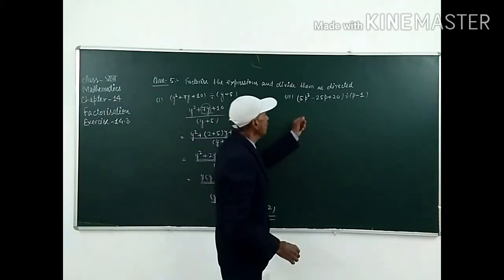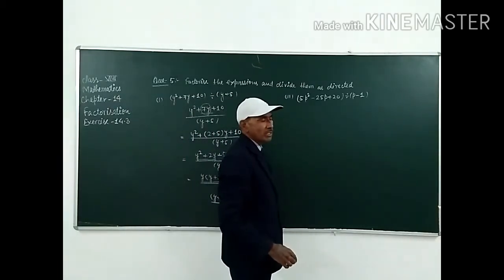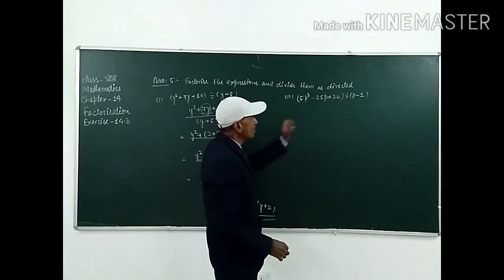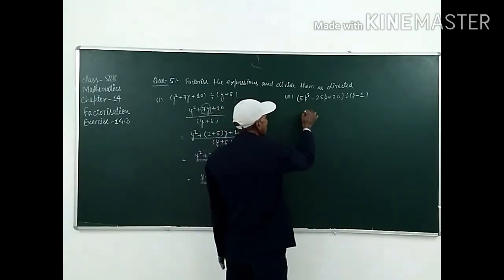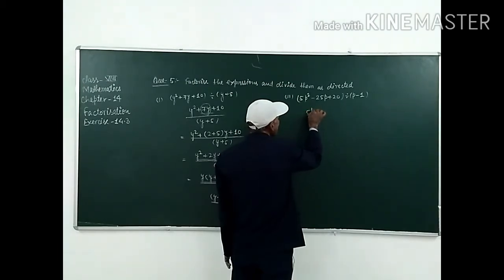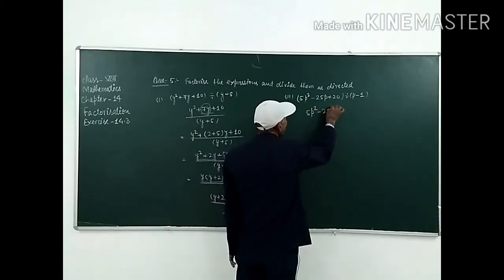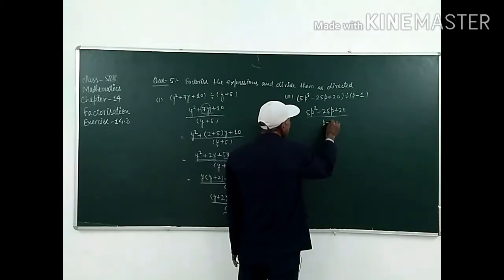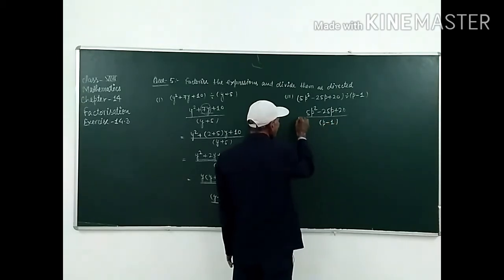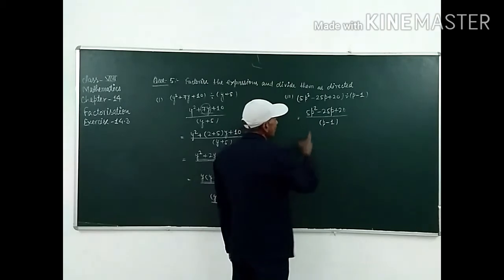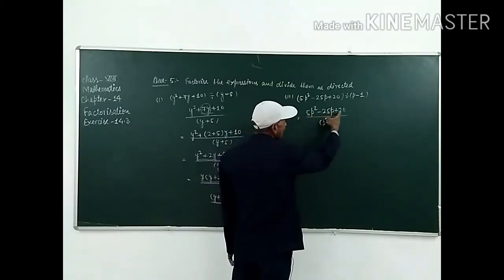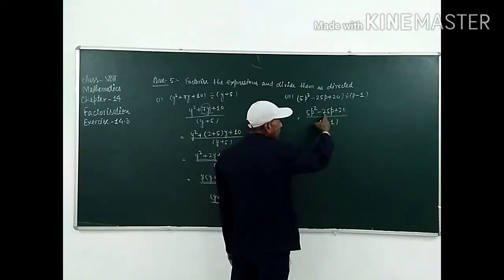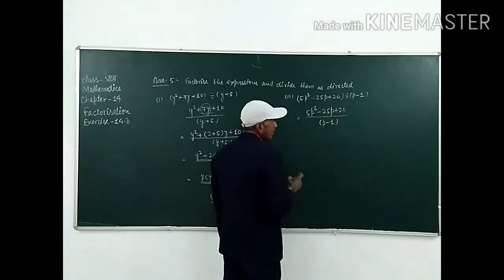Now we have to solve this third part of the question, student. This is the same type of question. So we have to write it like this: 5p square minus 25p plus 20 divided by p minus 1. So in the first step, student, we have to take 5 as common because 25 and 20 are multiples of 5.